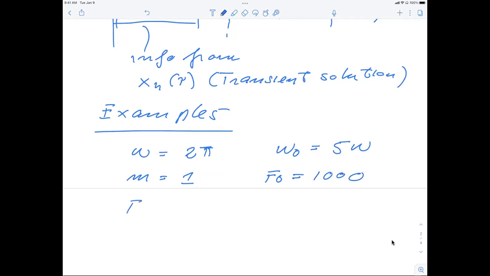And then I know that this F0 tilde is going to be 1,000 divided by the mass times omega 0 squared. So this becomes 1,000 divided by 100, because it's 2 pi, 2 times 5. So that's obviously 10. And then I have pi squared. So this is approximately 1.01. I'm just putting it to 1. I'm scaling the equations.